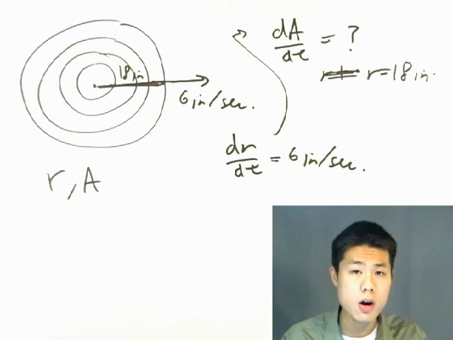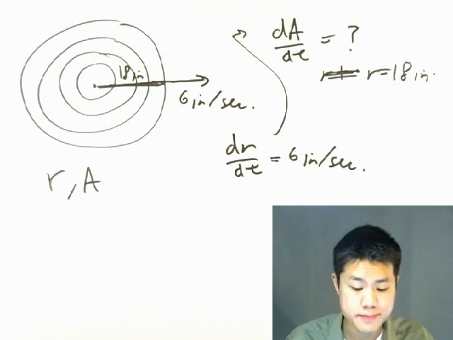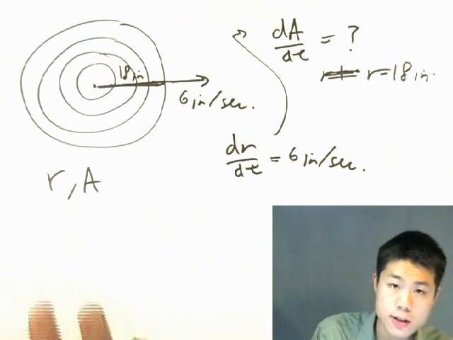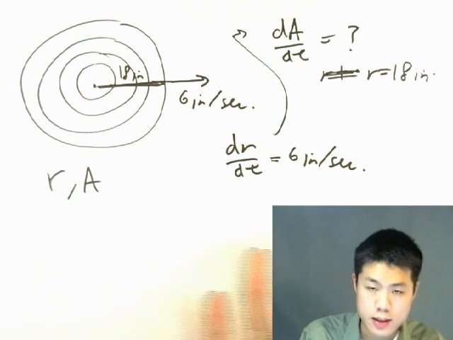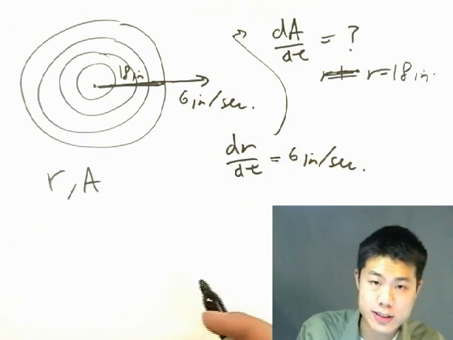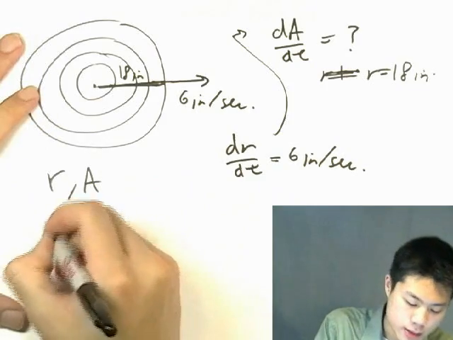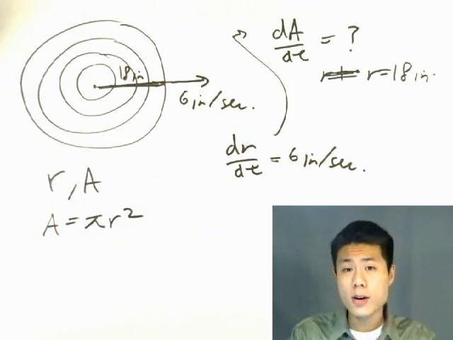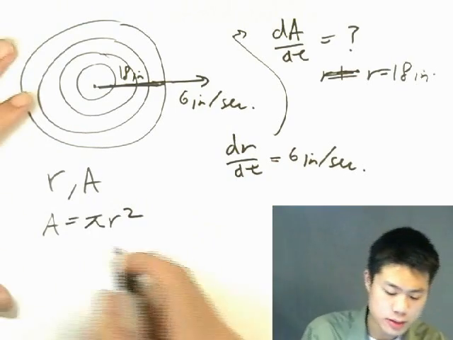Okay, now coming back to here. Our two variables are the radius and the area. We want to find the equation that tells us the relationship between these two variables, and since these are circles, the equation is the area is equal to pi r squared. Now we're going to implicitly differentiate both sides.